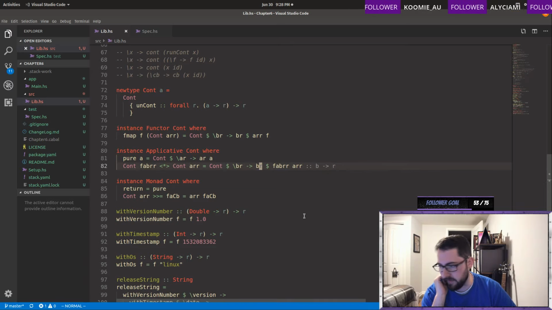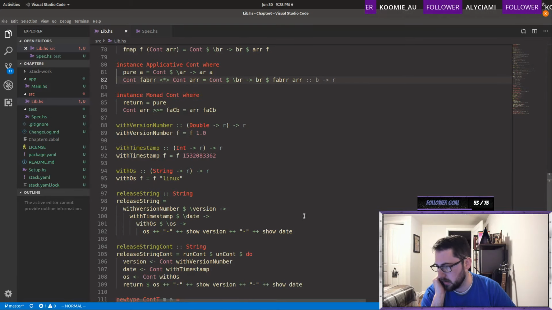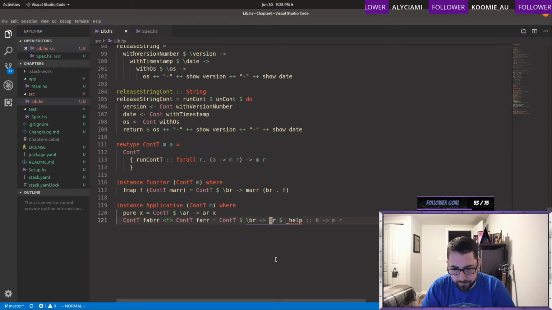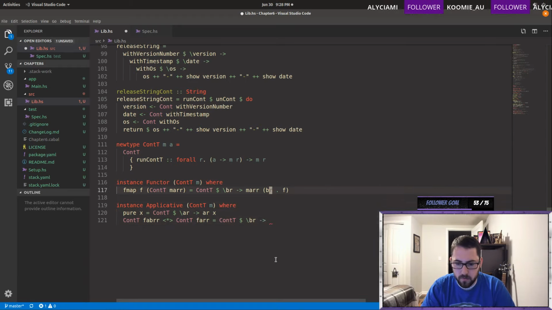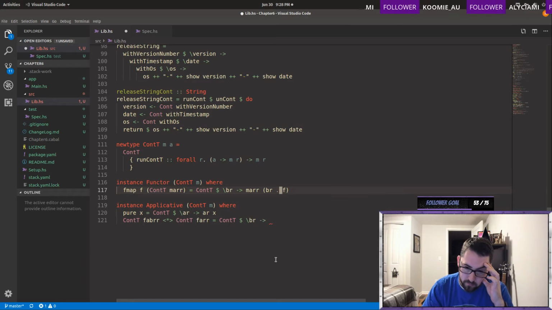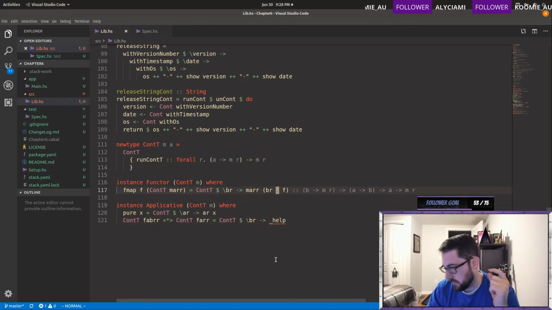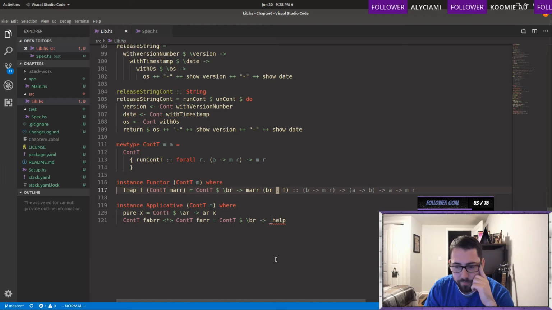Do I just need an fmap? Just like the functor instance, I can't start with the BR. Okay. So this one works. As you can see, I really want to start with the BR.